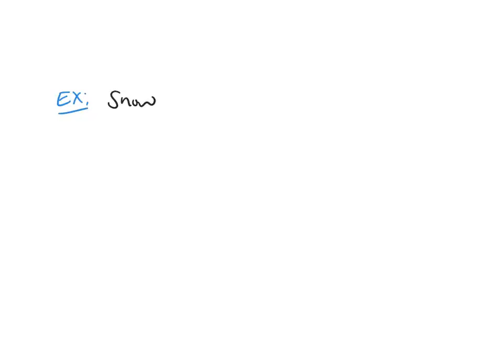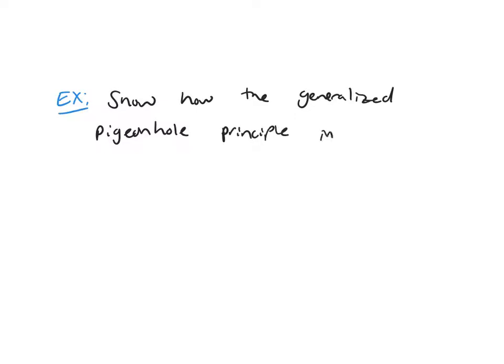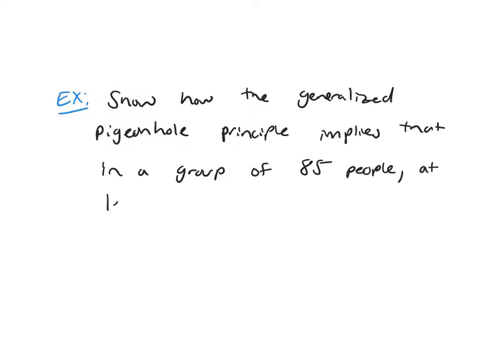Show how the generalized pigeonhole principle implies that in a group of 85 people, at least 4 must have the same last initial.